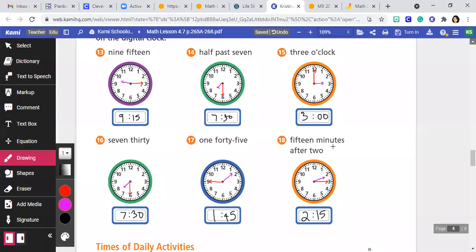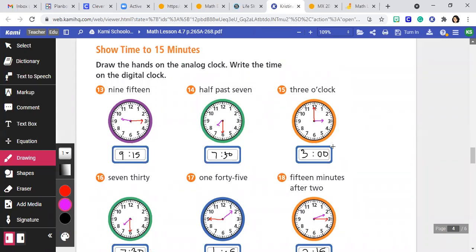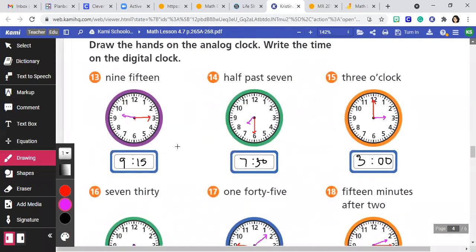All right, third graders, let's take a look at how we showed time to 15 minutes. So 15, 30, 45, and back up to the 12 o'clock, which is 0 minutes or 60 minutes have elapsed. So number 13, they said 9:15. I have written the minute hand in red and the hour hand in purple.